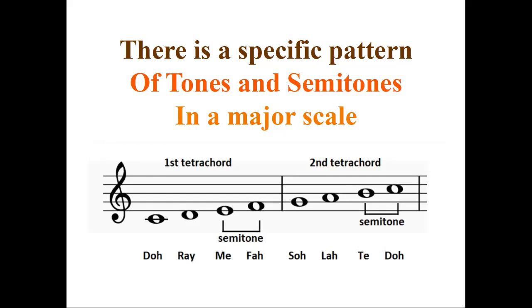There is a specific pattern of tones and semitones in a major scale, and that is tone, tone, semitone. It's so specific that we can actually divide the major scale into two tetrachords.